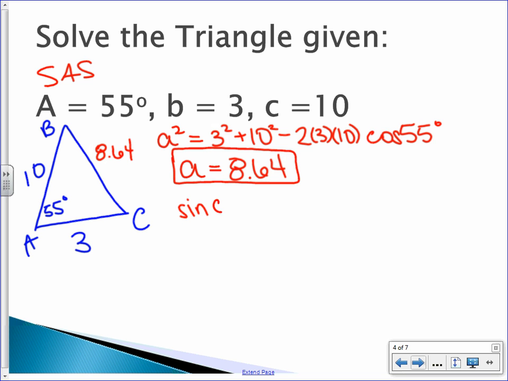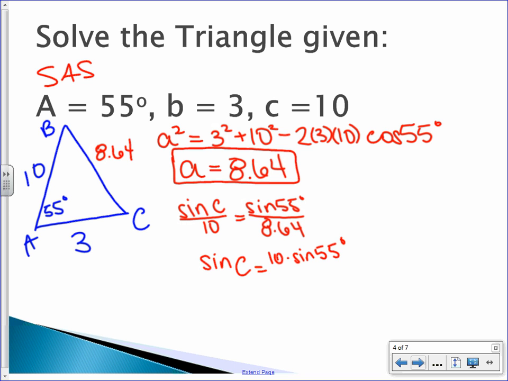So the sine of angle C over 10 equals the sine of 55 over 8.64. Which means the sine of angle C is 10 times the sine of 55 degrees over 8.64.